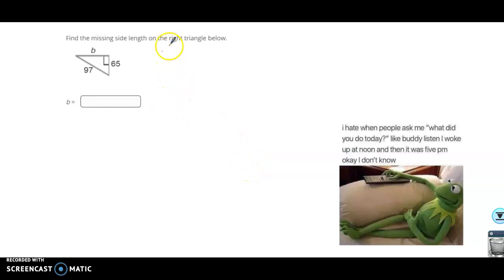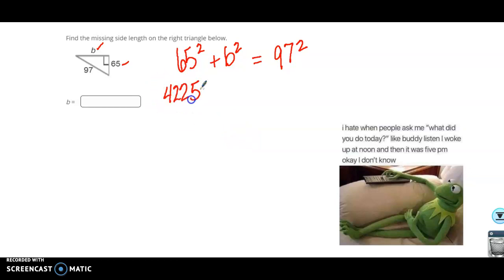More quarantine humor. All right, so here's a leg and here's a leg, again with the missing leg thing. So it doesn't matter which one of these is A and which one is B, as long as the two legs are on the left-hand side of the equation and the hypotenuse, the longest side, is on the right-hand side of the equation. All right, 65 squared is 4225.